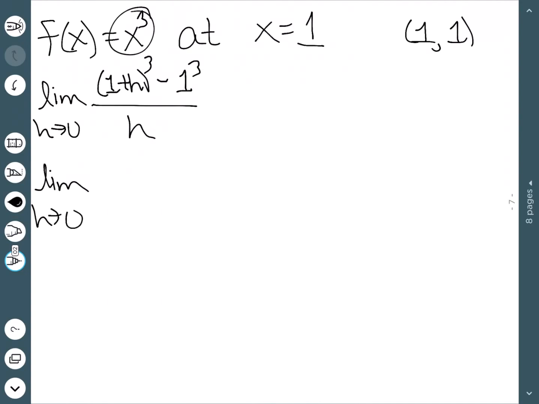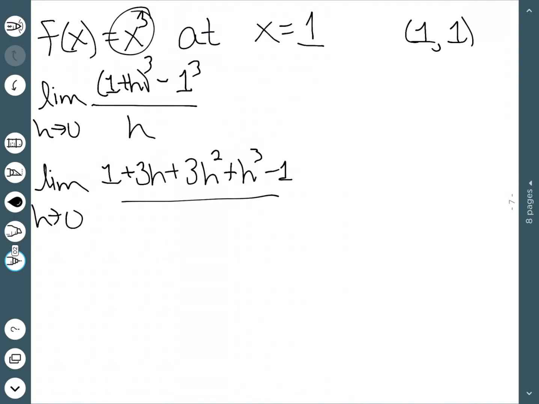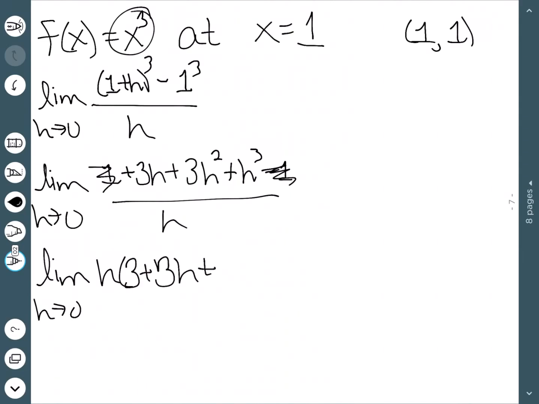We can expand that out. It would give us 1 plus 3h plus 3h squared plus h cubed minus 1 over h. Once again, our 1 minus 1 cancels, and I can factor out an h from the top. I'm left with 3 plus 3h plus h squared over h.